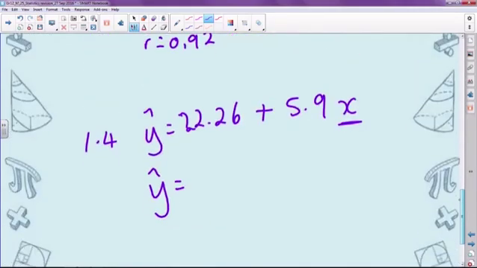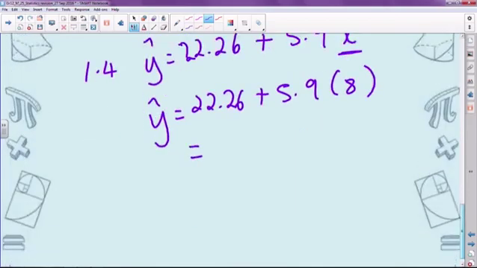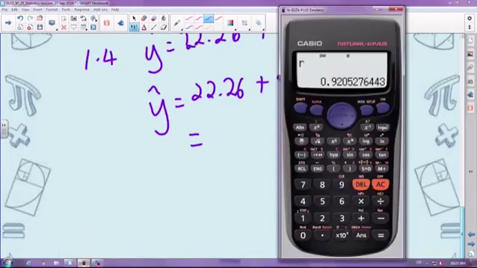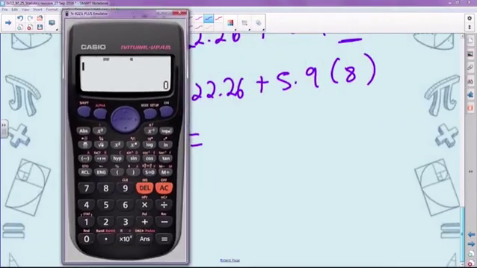I'm simply going to substitute that value in place of x, and I'll get the approximate mark that they will get. You can, of course, keep all your values on your calculator and then simply work out your estimated value using the values that are already contained on your calculator.